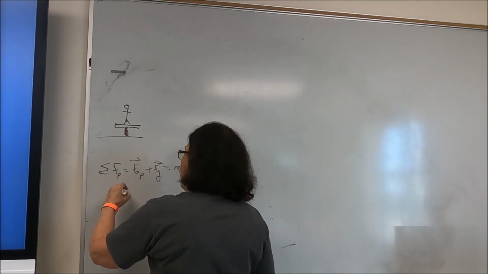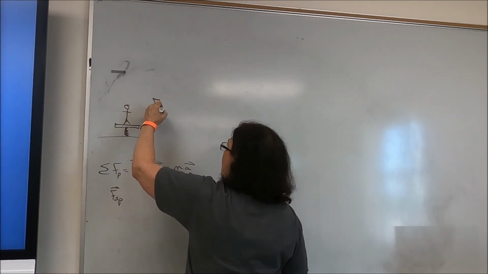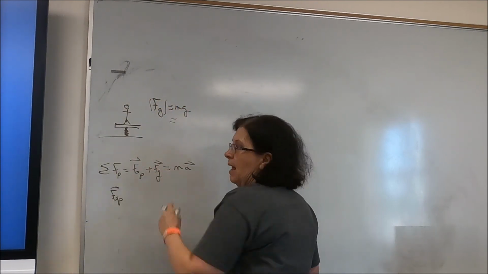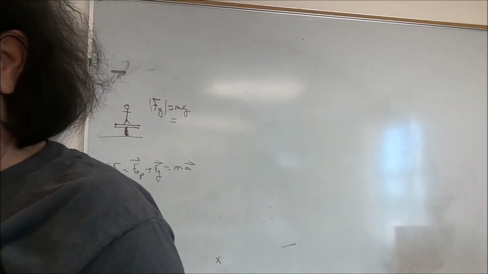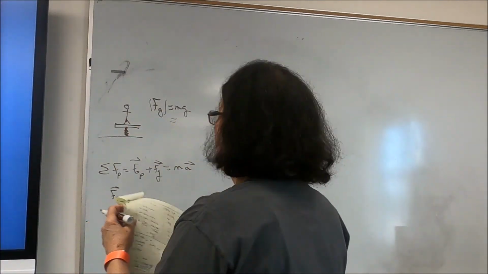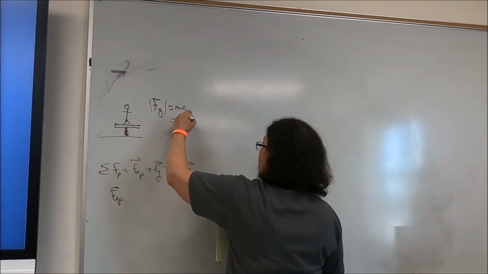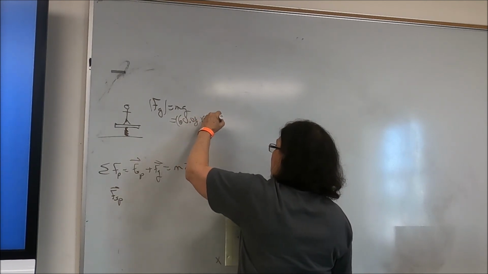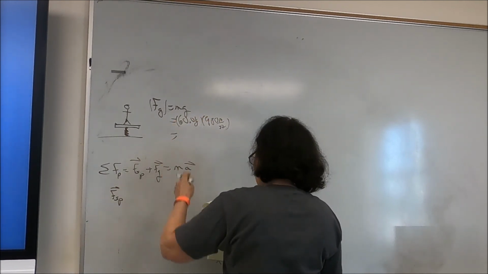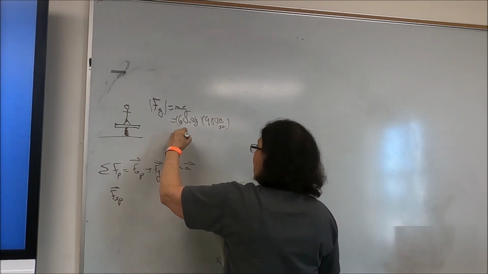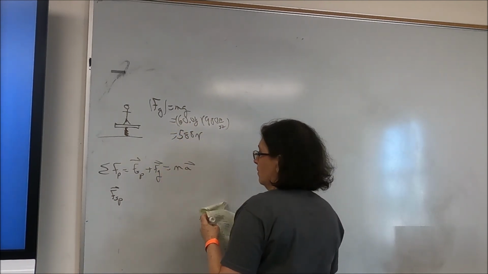The force due to gravity would equal mg, and the mass of this person is given as 60 kilograms times 9.80 meters per second squared, so that our force due to gravity is 588 newtons.